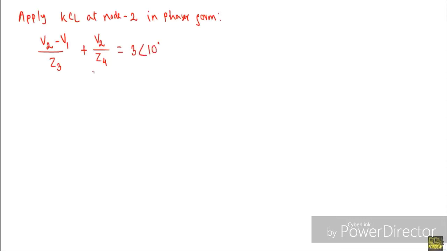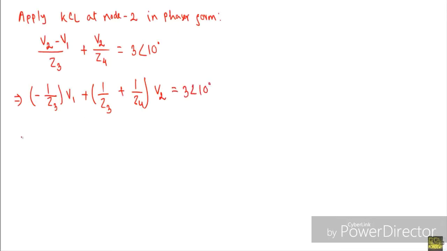We know the value of Z3 and Z4. Let me separate the coefficients here. I will get minus 1 over Z3 into V1 plus (1 over Z3 plus 1 over Z4) V2 equal to 3 phase angle 10 degree.